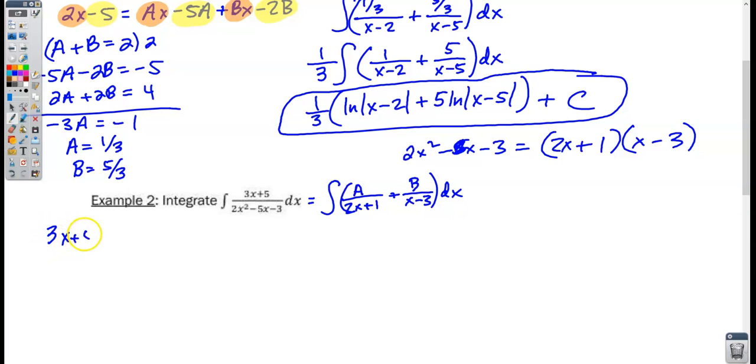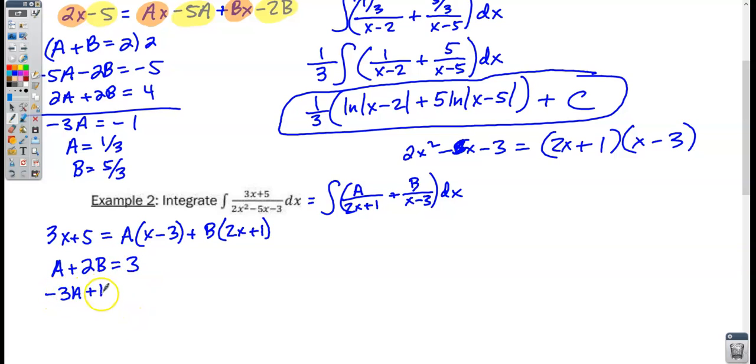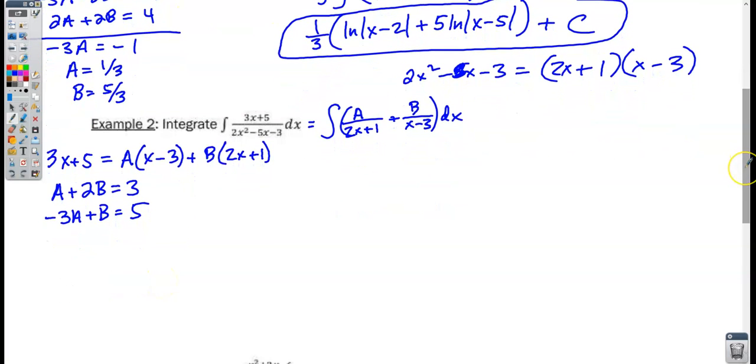I've got 3x plus 5 has to be equal to A times the denominator of the other fraction plus B times the denominator of the first fraction, which means I can set up the system A plus 2B equals 3 and negative 3A plus B equals 5. Now I want to solve this system of equations. I'm going to go ahead and multiply this equation by 3.